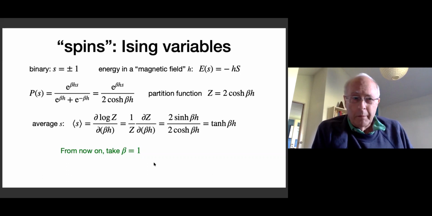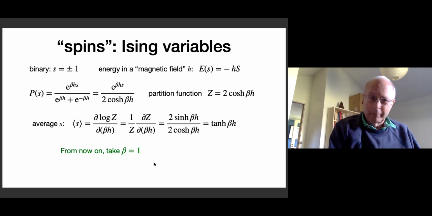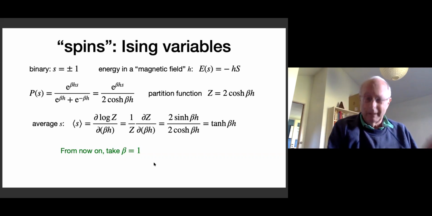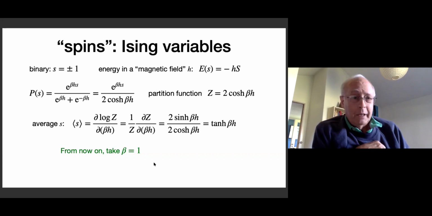So then P of S, the probability that S is some value, is e to the beta H S divided by the normalizing factor, which is the sum of that factor if S is 1 plus what it is if S is minus 1. So it's e to the beta H S over twice the hyperbolic cosine, if you remember the definition of the hyperbolic cosine.